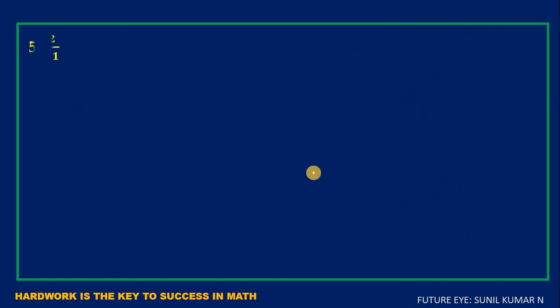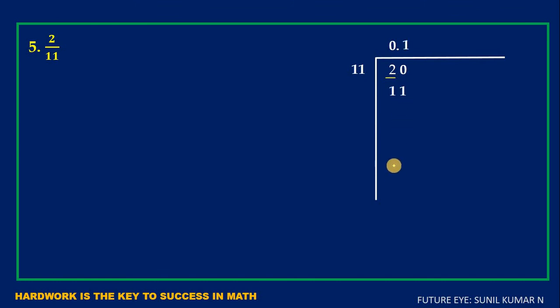Next, let us move on to another one, that is 2 by 11. Let's go for the division process here. We cannot divide 2, hence take 0 point and take 10. 11 1s are 11. So subtract, children. Here we get 9, and already we have taken the point, hence consider 0. We have 90. 11 8s are 88. Subtract, we get 2, children. See, in the beginning we had 2, and now also we have got 2.